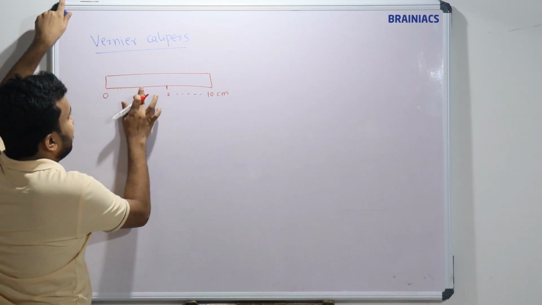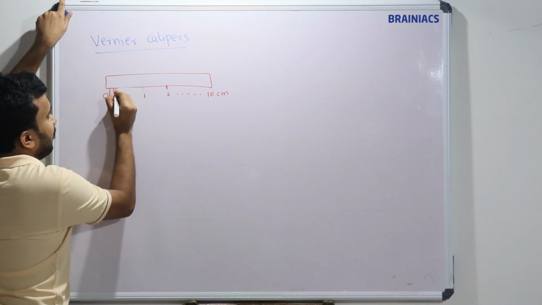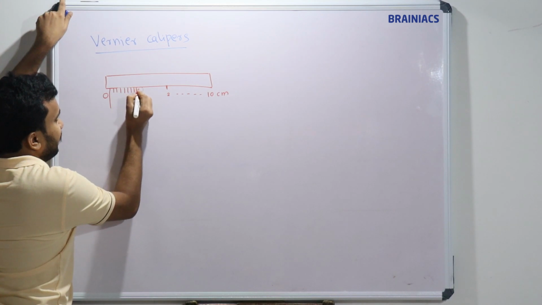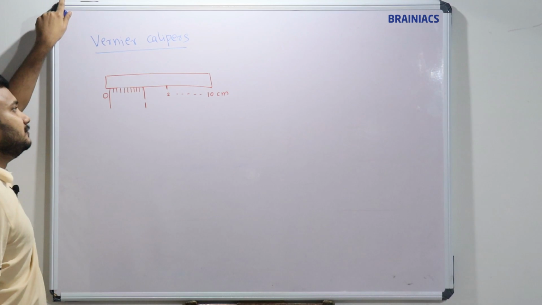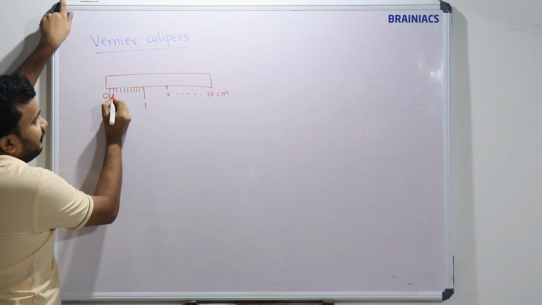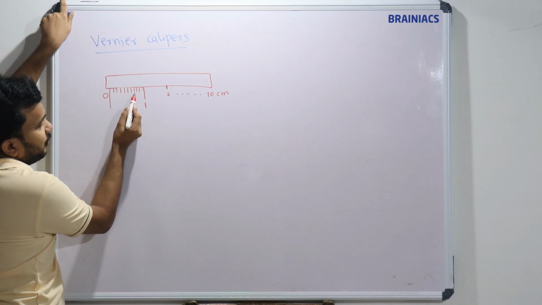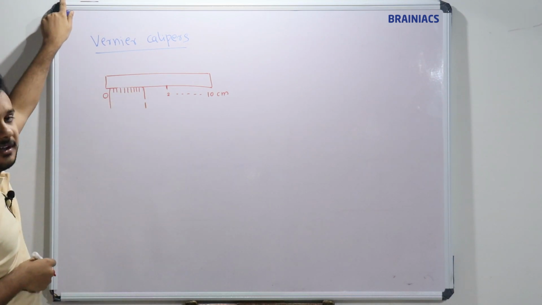Let me make it like this in an easy way. This is called 0. We have 0.1, 0.2, 0.3, 0.4, 0.5, 0.6, 0.7, 0.8, 0.9, and this is called 1. So between 0 and 1 we have 0.1 up to 0.9. These many divisions are there.